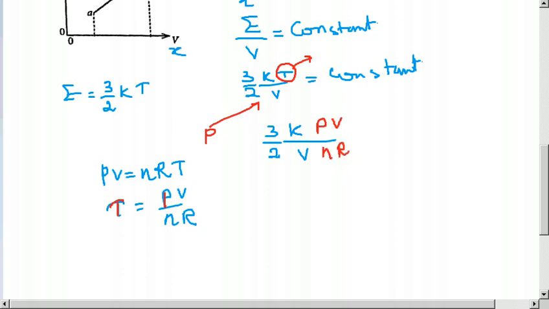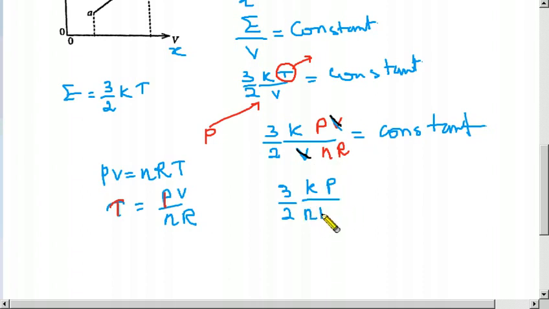All of this must be constant. Then we cancel V. The remaining term is k, P, divided by n, R, which must be equal to a constant.